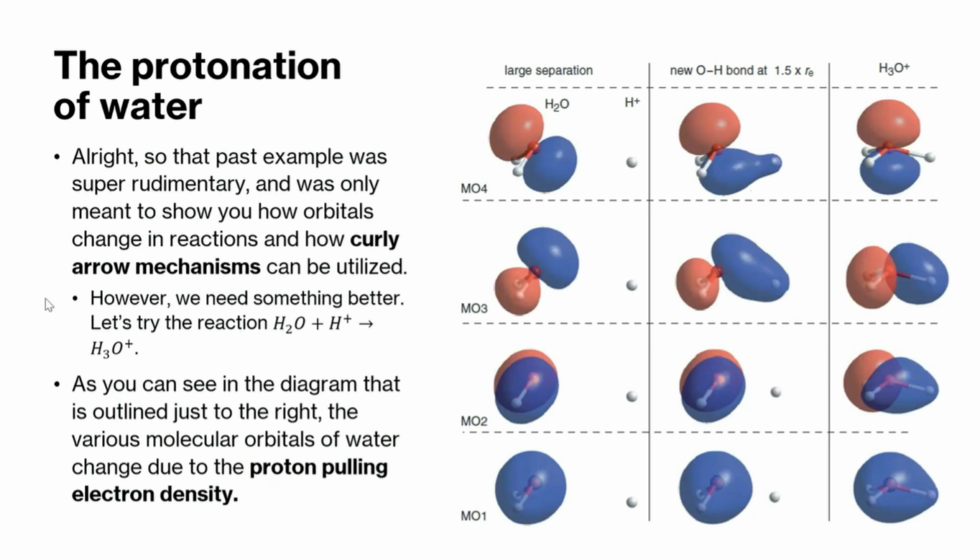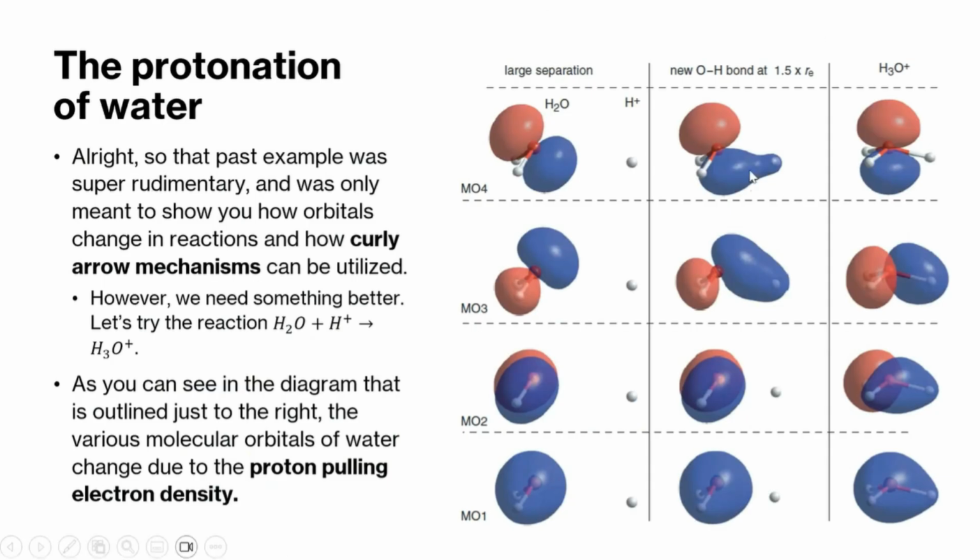In this reaction, H2O plus a proton yields the hydronium ion, H3O+. So now this is a better example, and this will give us a much more comprehensive view of how these molecular orbitals change in nature from water to the hydronium ion.